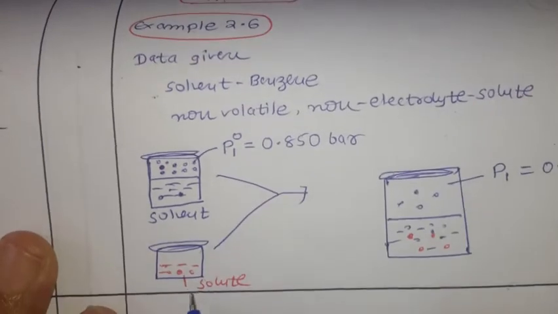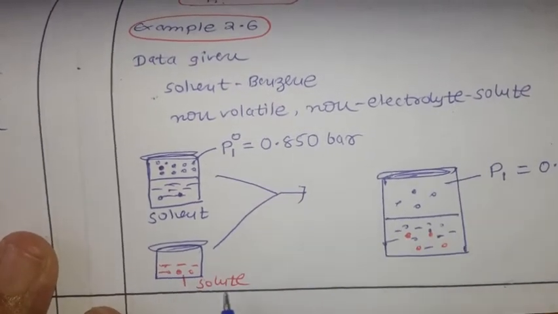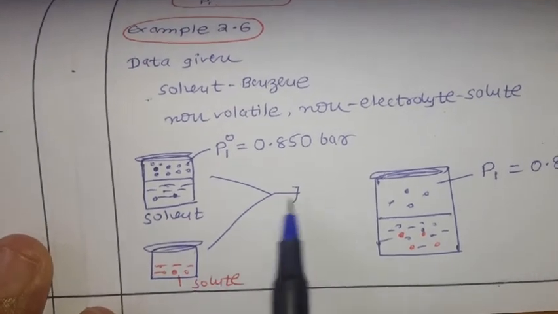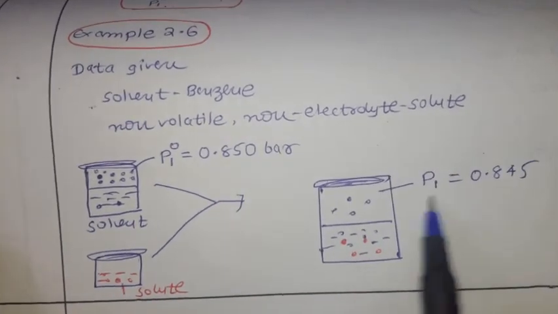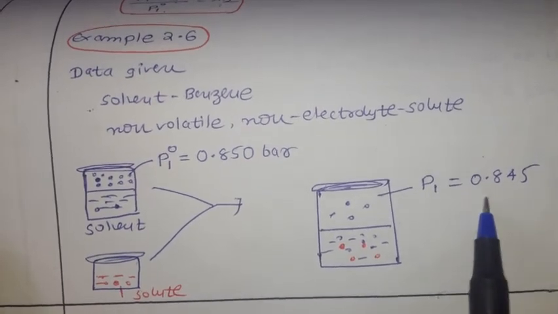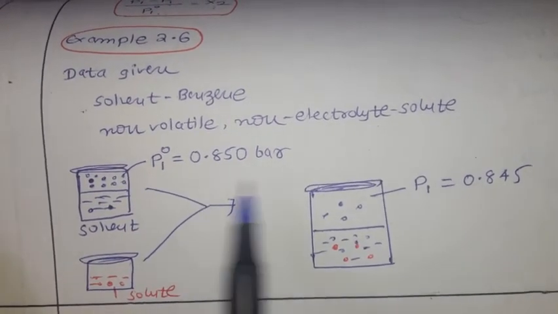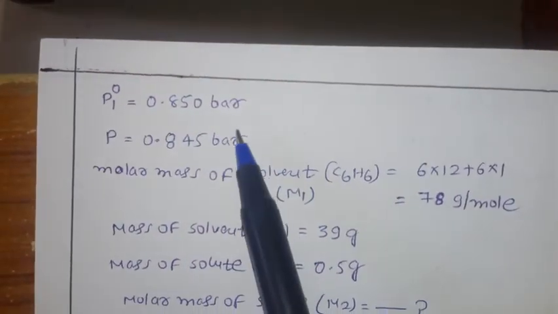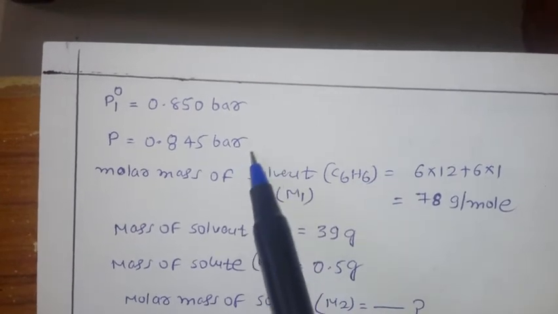When you add the non-volatile, non-electrolyte solute, you are going to get P1 equal to 0.845, meaning the vapor pressure is going to be decreased. So this is the vapor pressure of pure benzene, and this is for the solution.